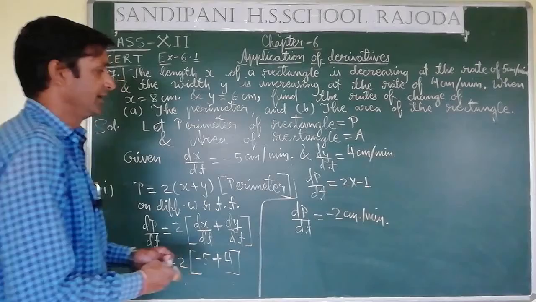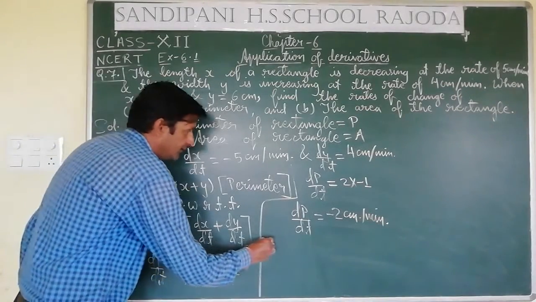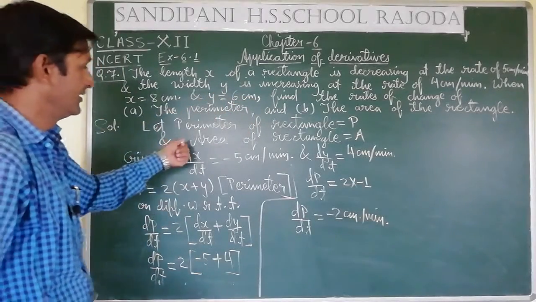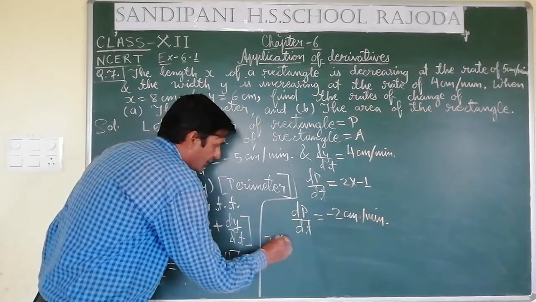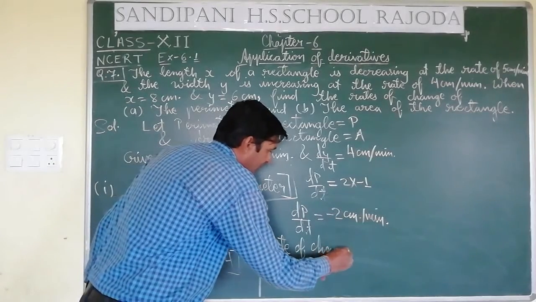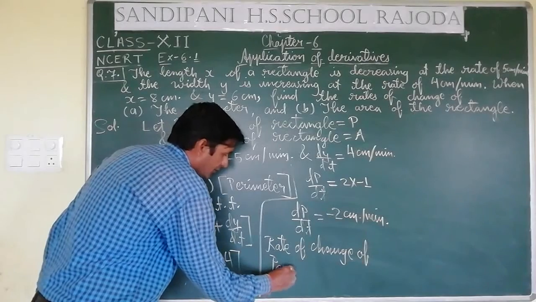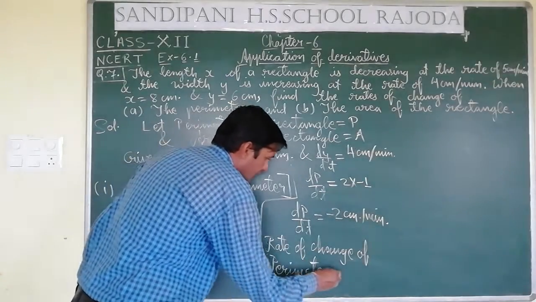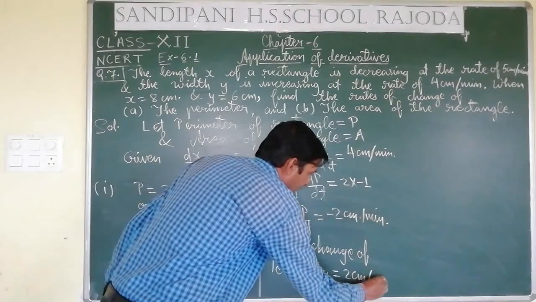Means what? Here one conclusion is there. What that conclusion is? That is asked, rate of change of perimeter, means rate of change of perimeter is equal to 2 centimeter per minute, we can say.